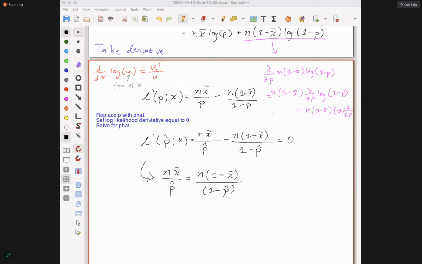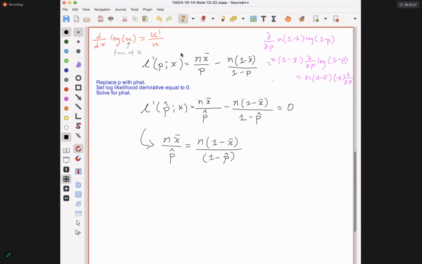And then we are going to multiply by p hat times 1 minus p hat on both sides, so that we get this going up here and this going up here. And so then we have n times x bar times 1 minus p hat equal to n times 1 minus x bar times p hat.